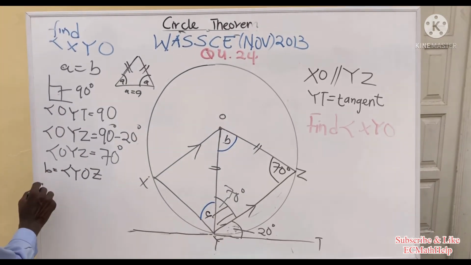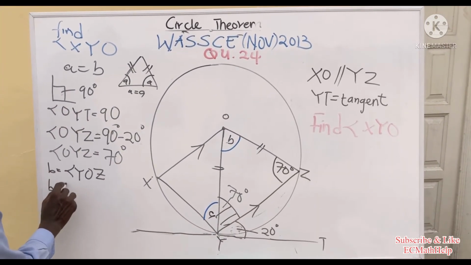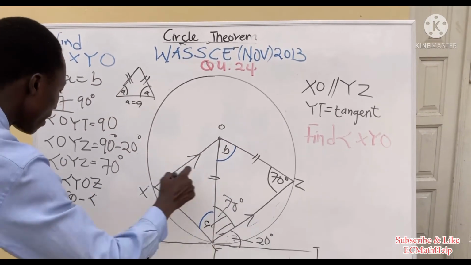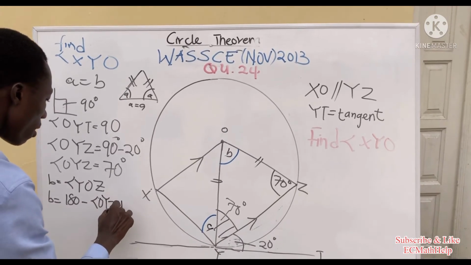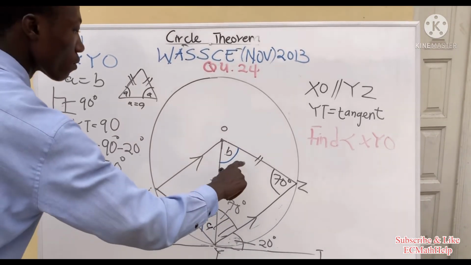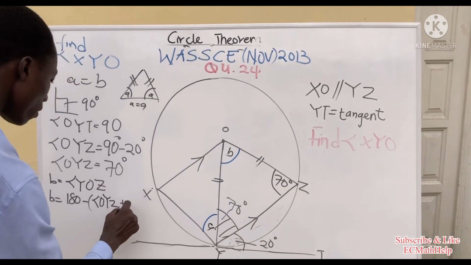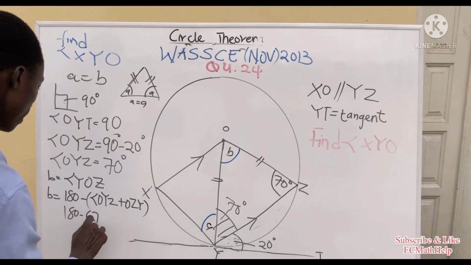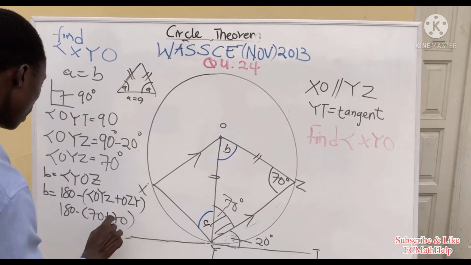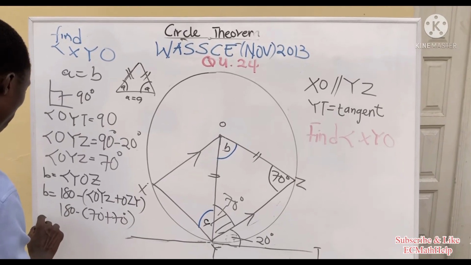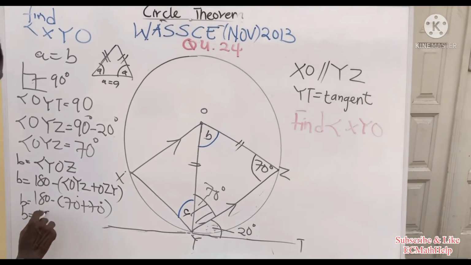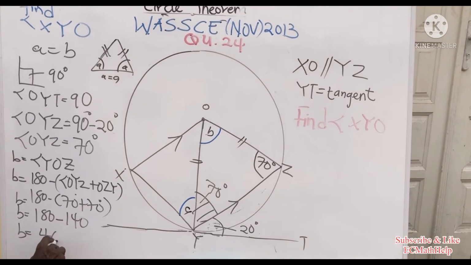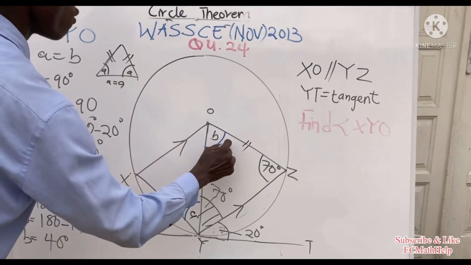So B is equal to 180 minus angle OYZ plus OZY, which is 180 minus 70 plus 70 degrees. So B equals 180 minus 140. B is 40 degrees. So the angle here is 40 degrees.